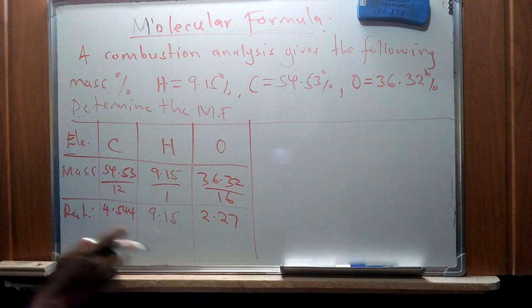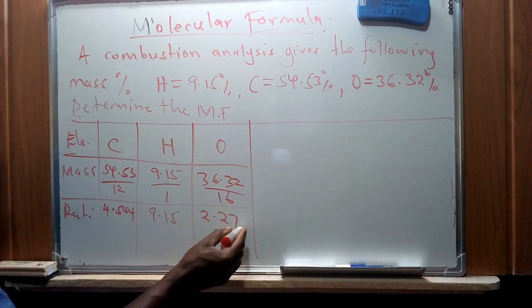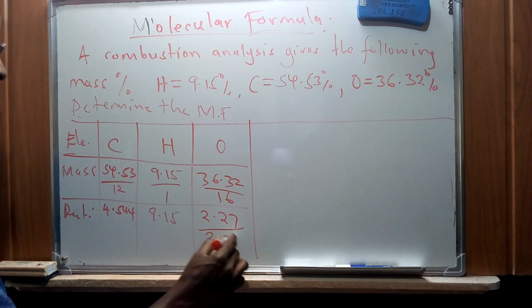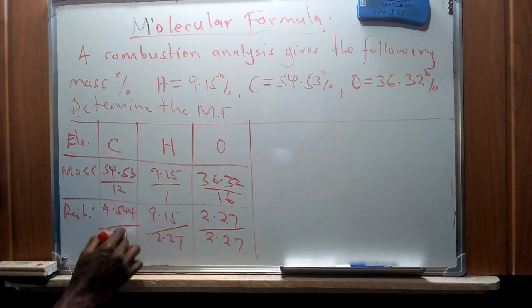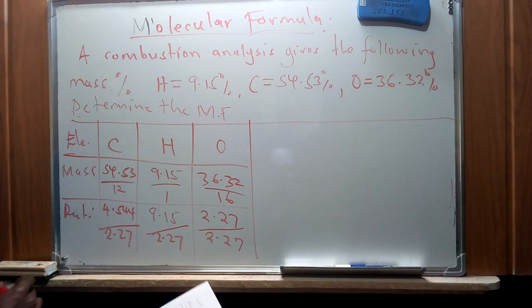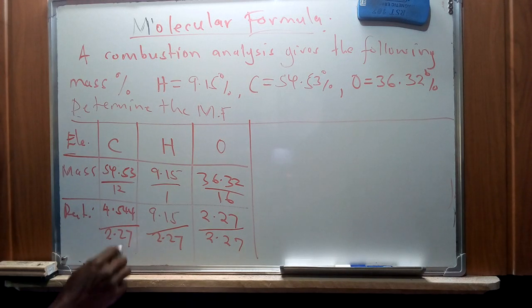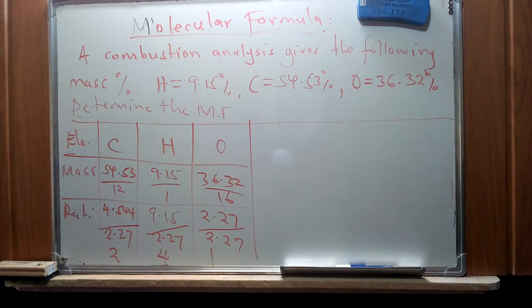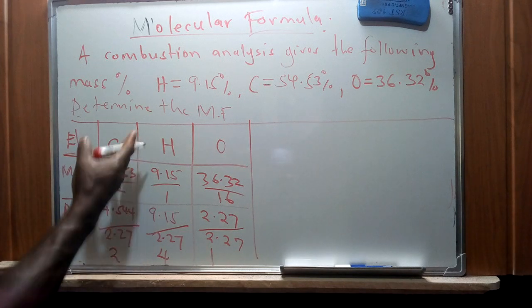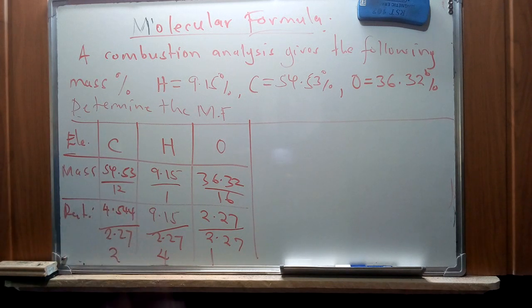So the smallest of all these mole ratios is this one. So we're going to divide by 2.27, 2.27, 2.27, and this is eventually going to give us the ratios of 2, 4, and 1. So this is the empirical formula that we have obtained from the mole ratios, as we did for the empirical formula in our previous video.